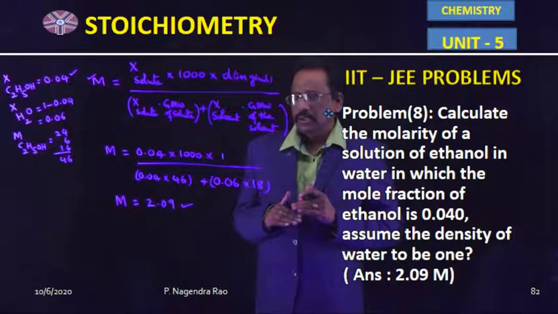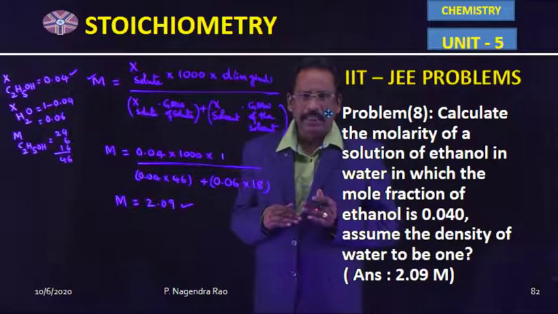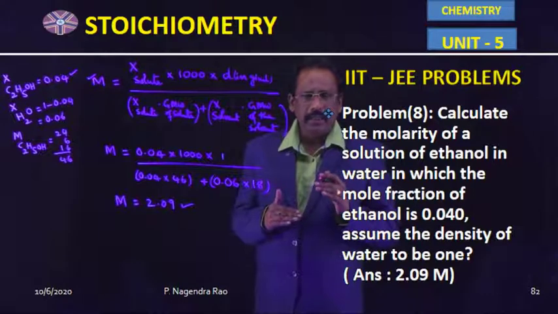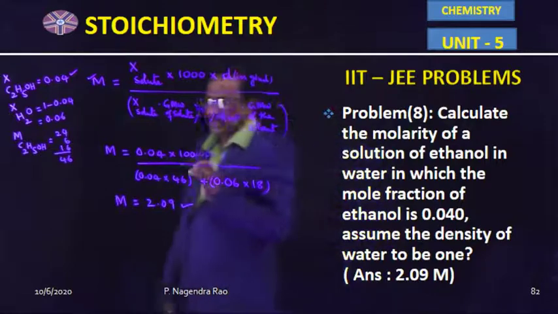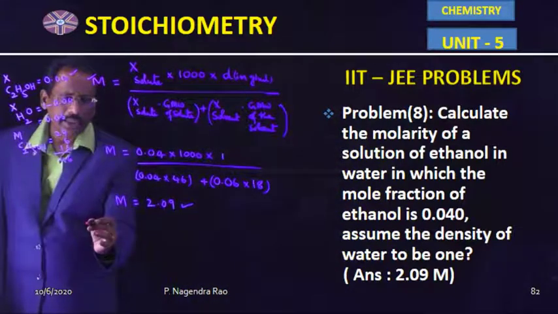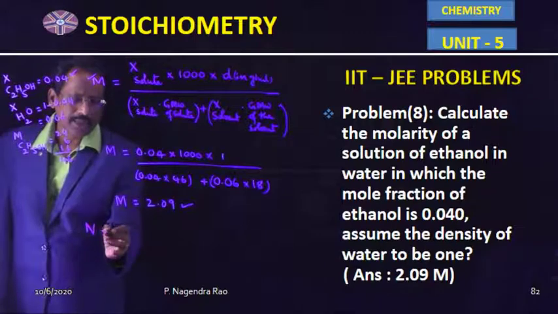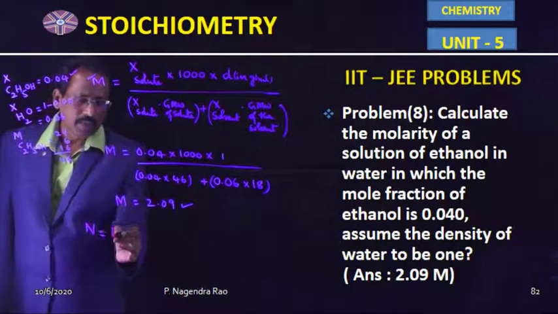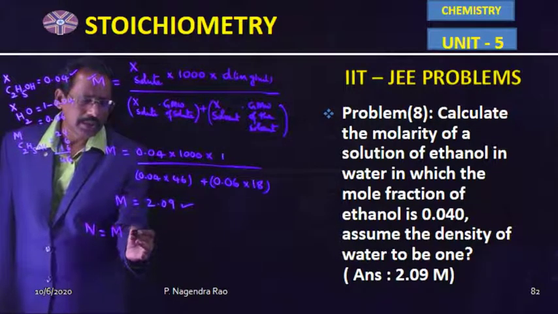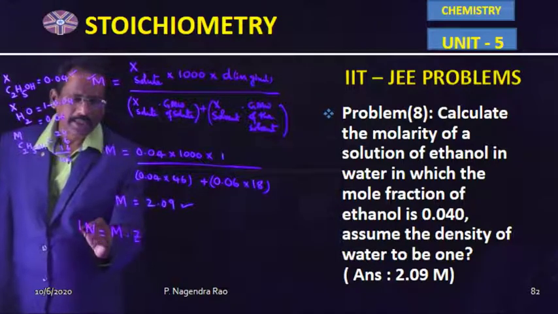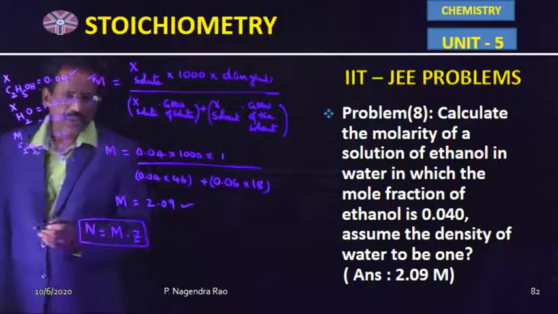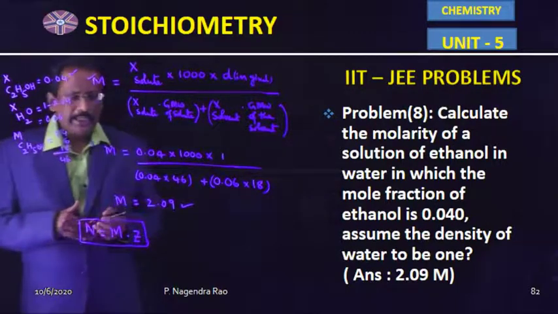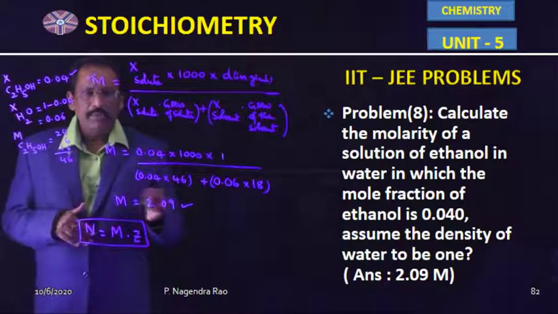Generally, the concentration of the solution is expressed either in molarity or in normality. It is already known to you. The normality of any solution is equal to, remember this formula, molarity of that solution into capital Z, where Z is equal to molecular weight of that solute divided by its equivalent weight.